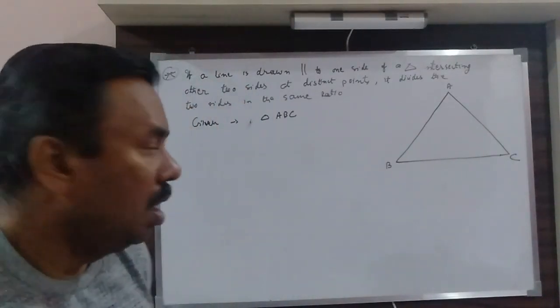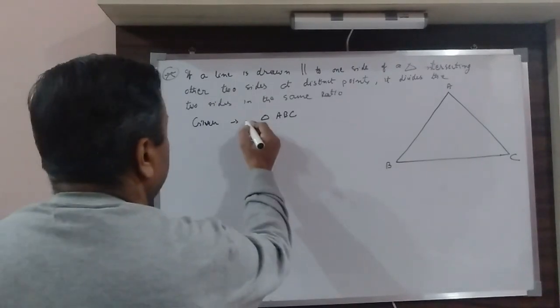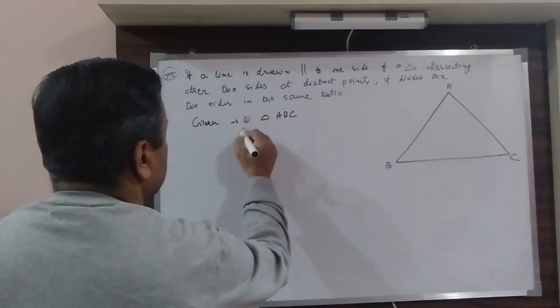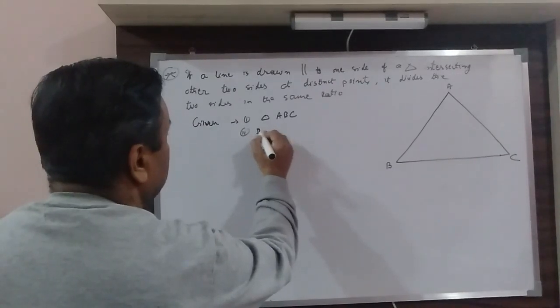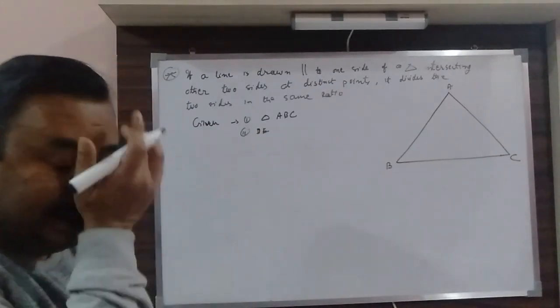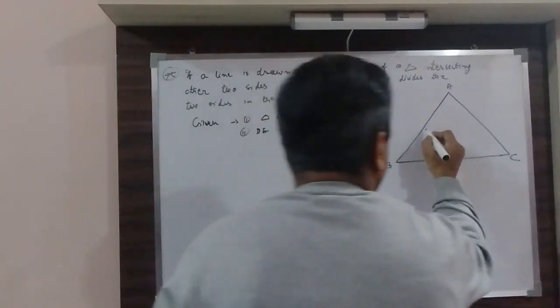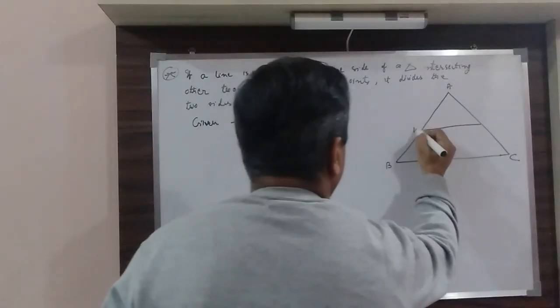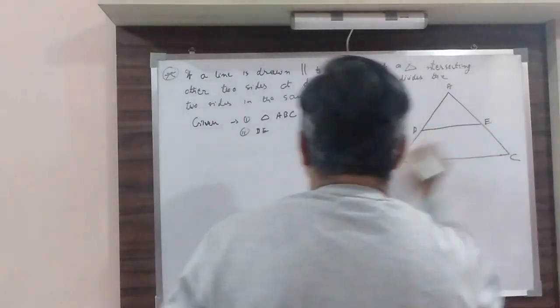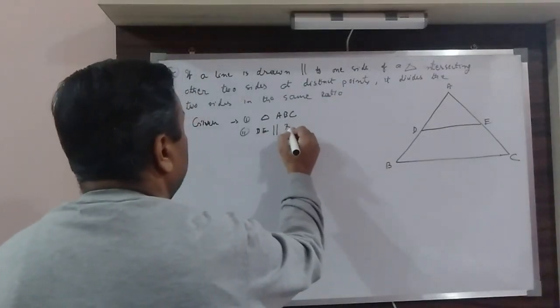Now there is one line segment DE, which is parallel to BC.